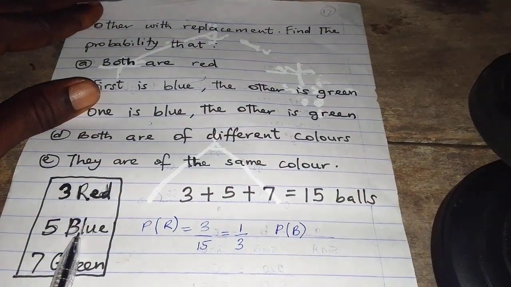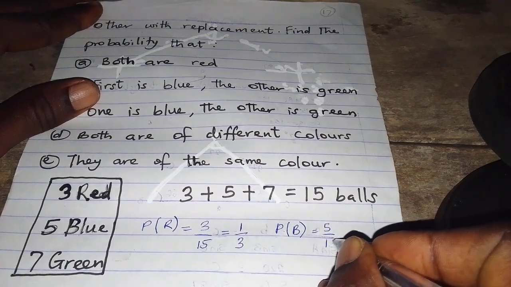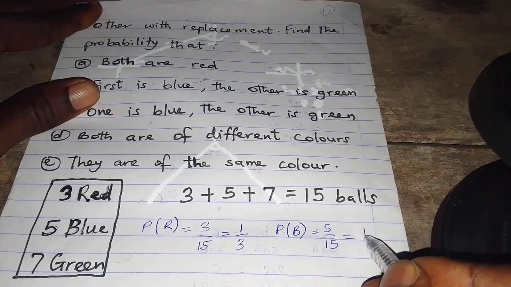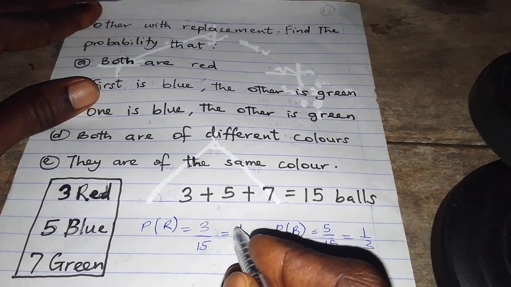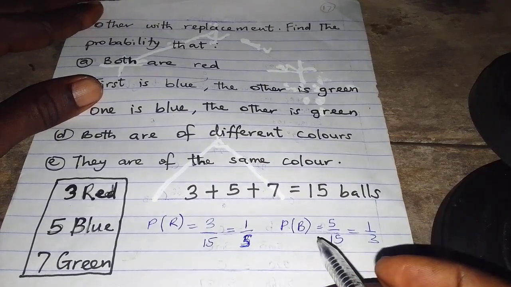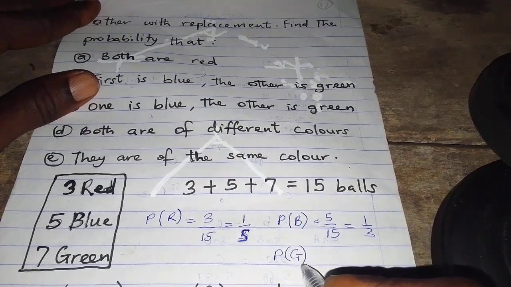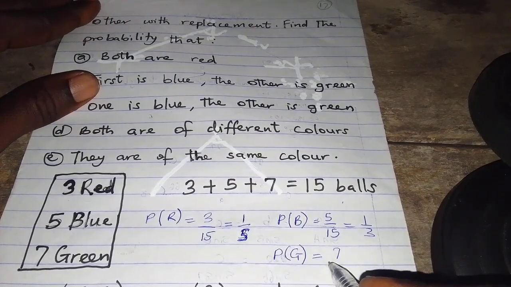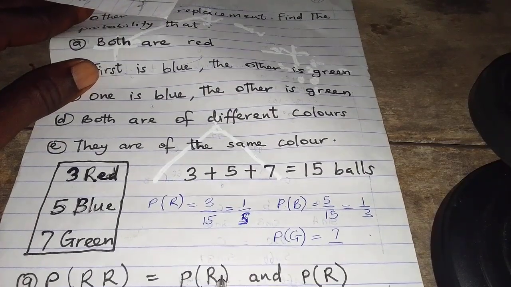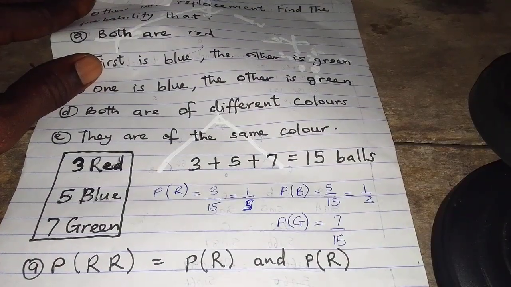How many blue balls do we have? 5 over 15, to the lowest term, is 1 over 3. Then the probability of having a green ball. How many green balls are there? We have 7 over the total number of balls, 15.